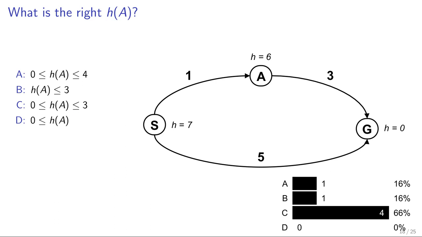Yes. So you kind of got the idea. Intuitively, it's correct. The correct answer is actually B, but pay attention to this. This may actually also come up, for example, on the exam. The heuristics don't have to be non-negative, okay?